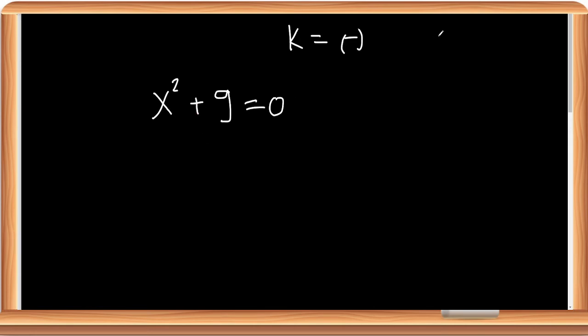Since dapat in the form of x squared is equal to k, yung k dapat nandito sa kabilang side. So, kung ililipat natin yung 9 dyan, we have x squared is equal to negative 9.